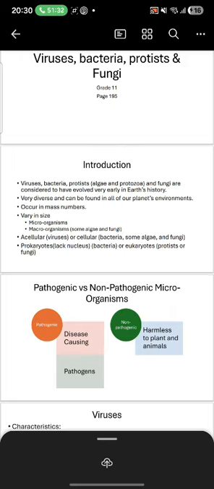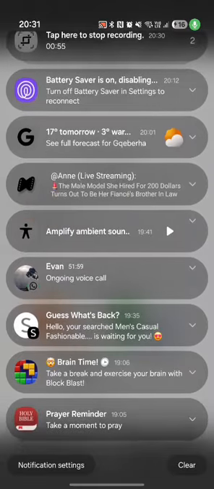Okay, so fungi, viruses, protists, and viruses or whatever. So, introduction. Viruses, bacteria, protists, which include algae and protozoa, and fungi are considered to have evolved very early in Earth's history. Very diverse and can be found in all of our planet's environments. They occur in mass numbers.